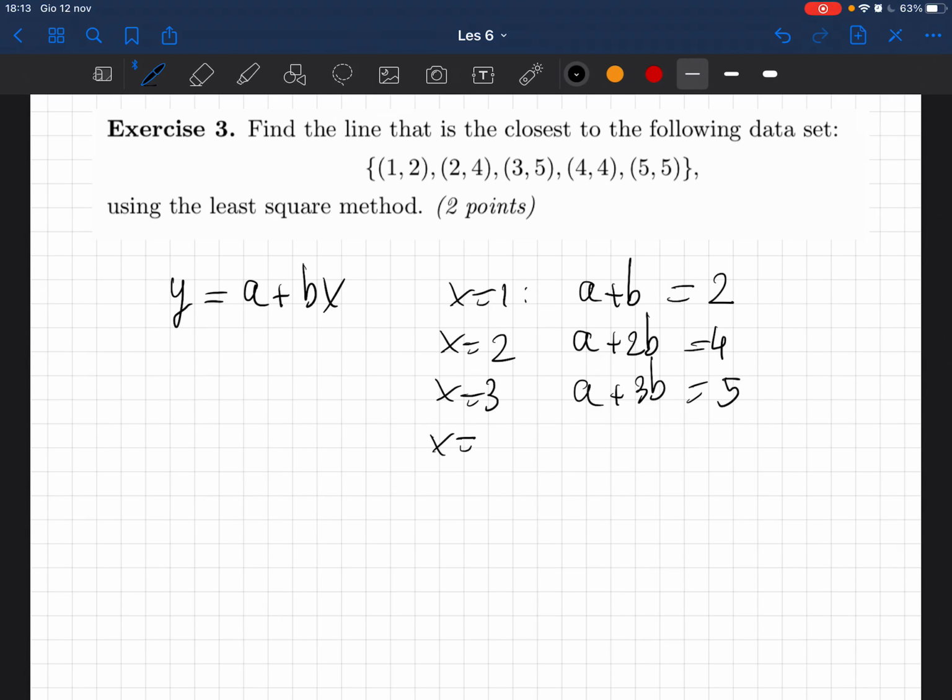X equal to 4, a plus 4b has to be equal to 4. And x equal to 5, then a plus 5b has to be equal to 5. So you see that we actually have a linear system we would like to solve.